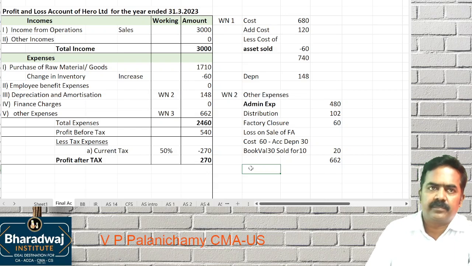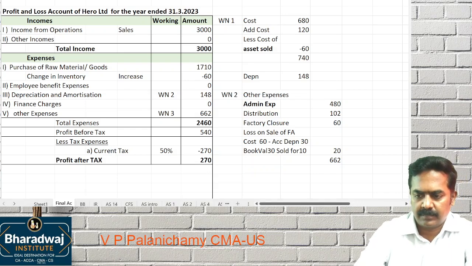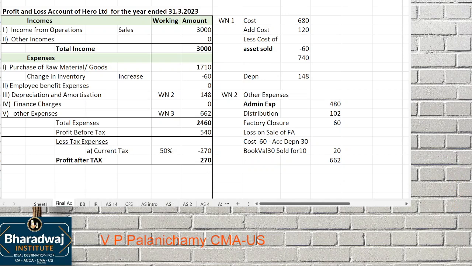Any doubt in it? Take up this. Then balance sheet related working. Two main workings you have to do in this question: reserves and surplus, and PPE.